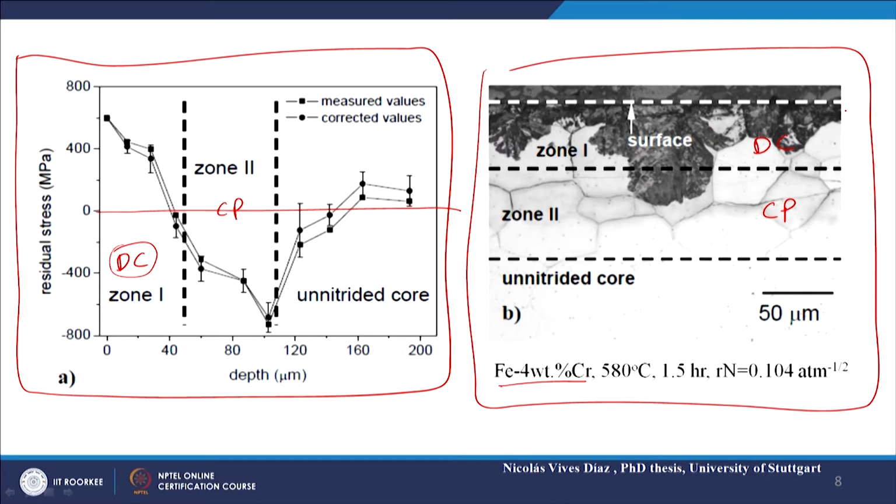So we always would like to have compressive stresses at the surface. It is very important to keep in mind that it is not only the hardness level we are trying to optimize, the residual stress level also needs to be optimized simultaneously.